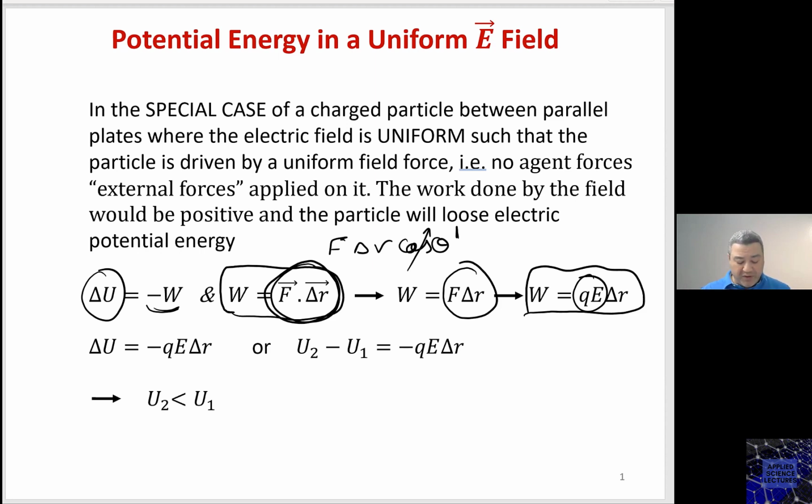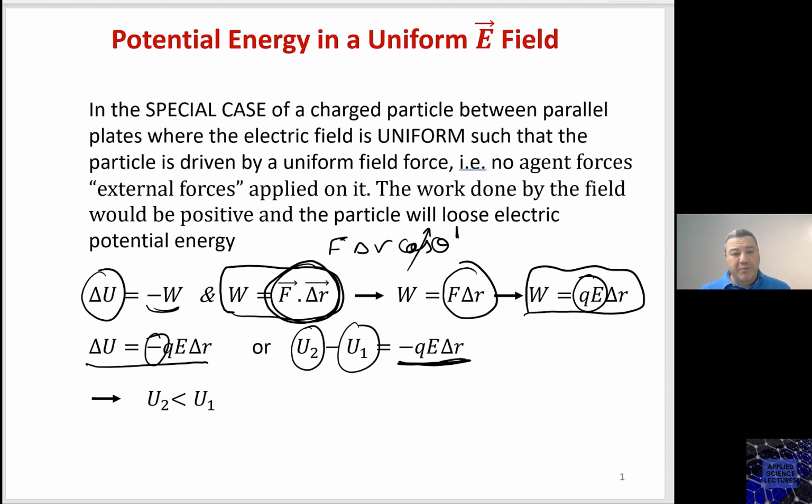as the displacement vector. So in this case, the difference delta U, which is the electric potential energy of the final minus the initial, equals minus, here I have minus. As I said, delta U is U2 minus U1, where U2 is the final and U1 is the initial, equals minus Q E delta R. And as you can see, U2 is less than U1, which means that the final electric potential energy is smaller than the initial.